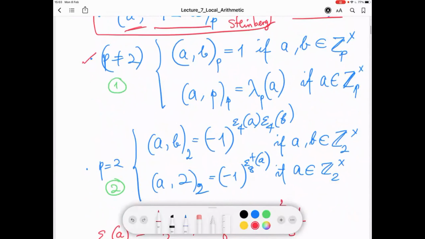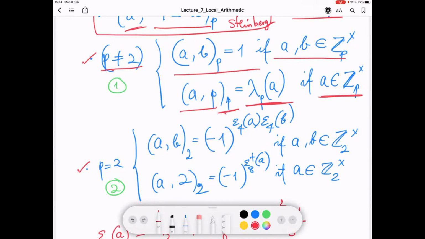For P different from 2 and for P equal to 2, all you need to remember is that (A, B)_P is equal to 1 if A and B are both units. That's when P is different from 2. And (A, P)_P is lambda_P of A whenever A is a unit.